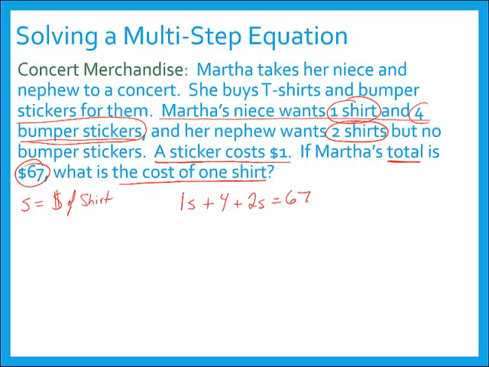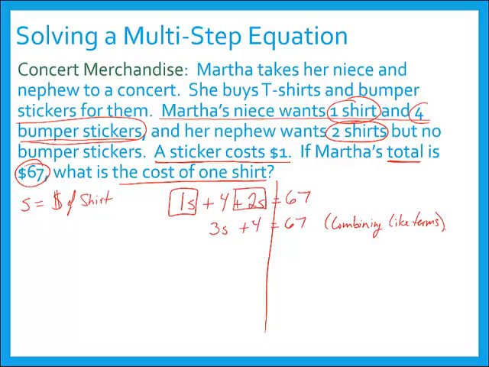So let's go ahead and do that. We first need to add like terms. So 1s plus 2s is 3s, plus 4 equals 67. So that was combining like terms. So we now need to isolate the s. So circle the term with the s and get rid of anything outside the circle, which is this 4.